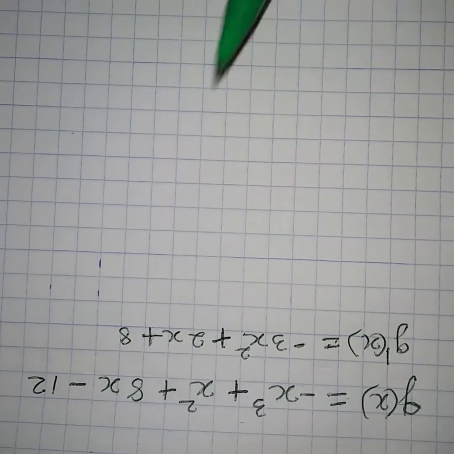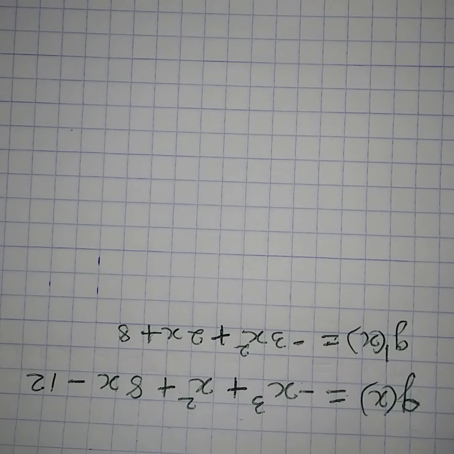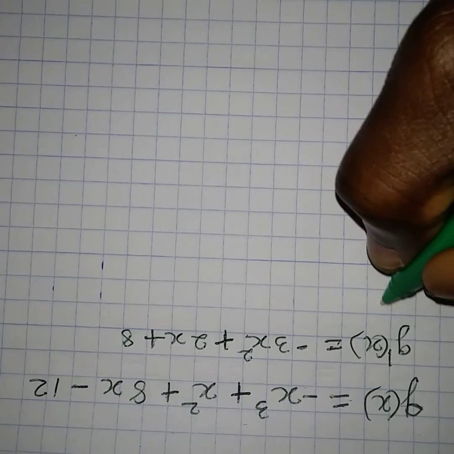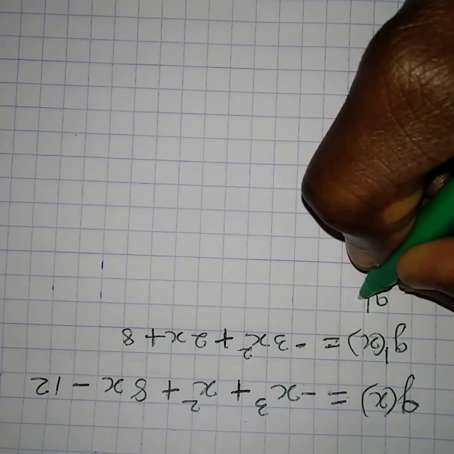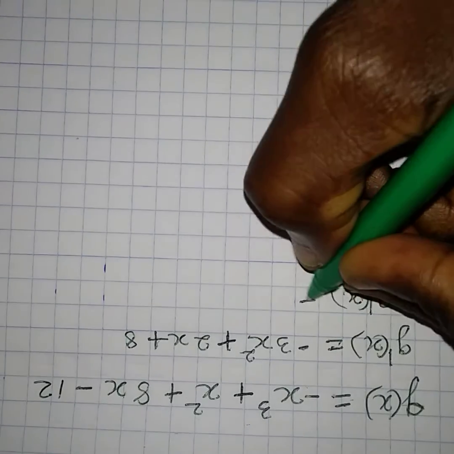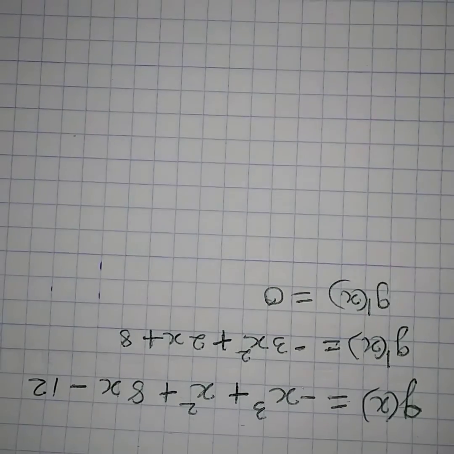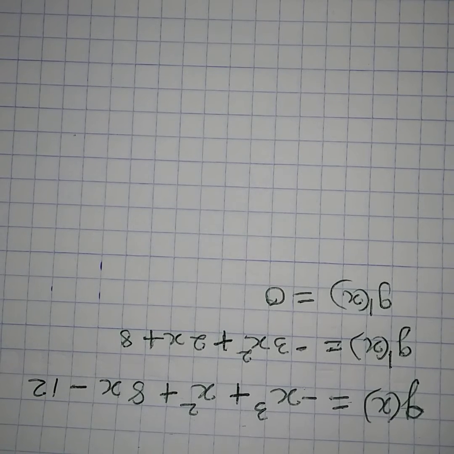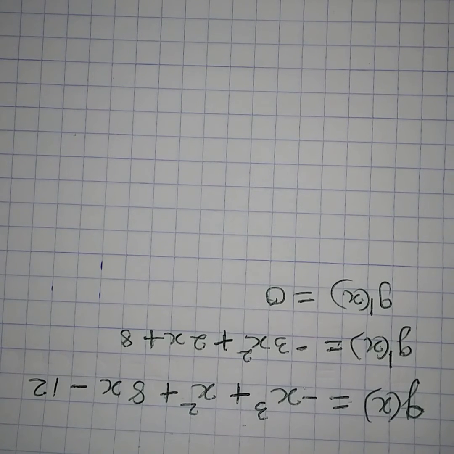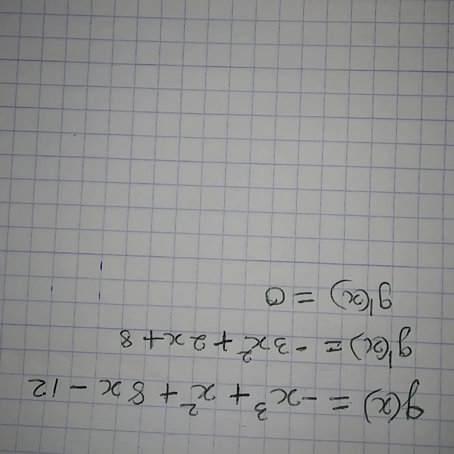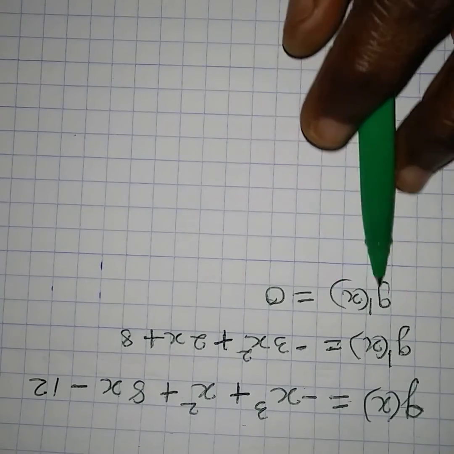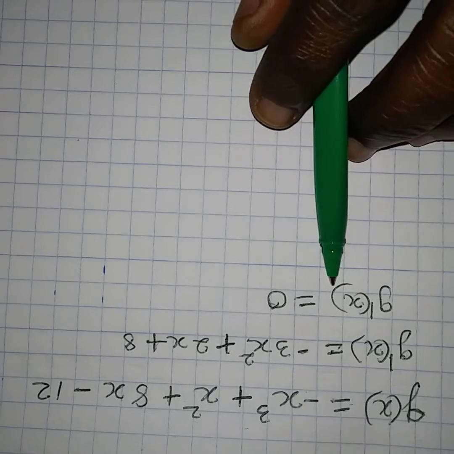Now, we can proceed by determining the x-coordinate of the turning points of the cubic function. What we need to do is to first say g prime of x is equal to 0. So when the first derivative of a cubic function is equal to 0, that means we are looking for the x-coordinates of the turning point. So what is g prime of x equal to?